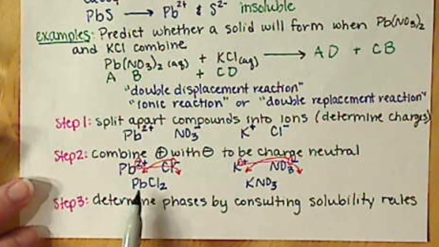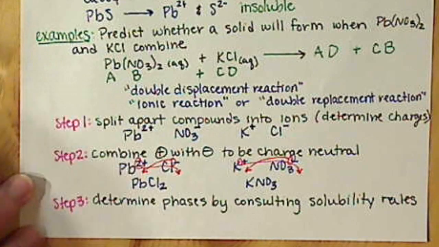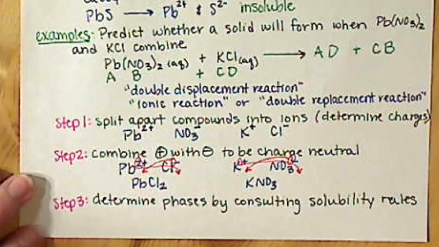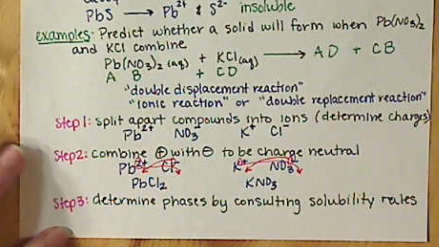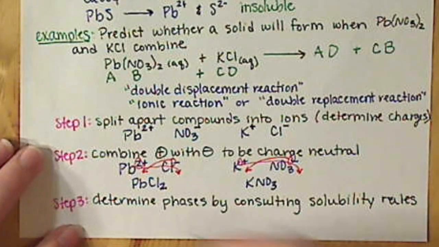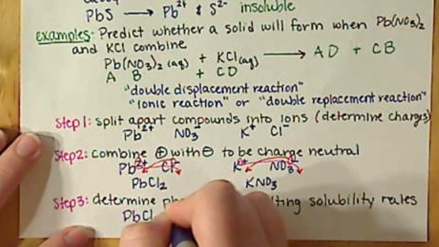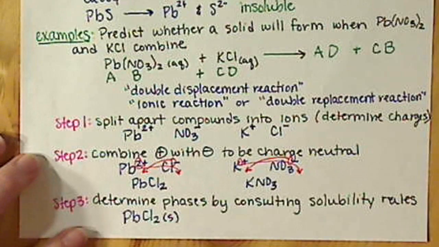Lead is there. That means that PbCl2 is insoluble, which anything that is insoluble is going to form a precipitate, which has a phase of solid. So we're going to have PbCl2 as a solid.